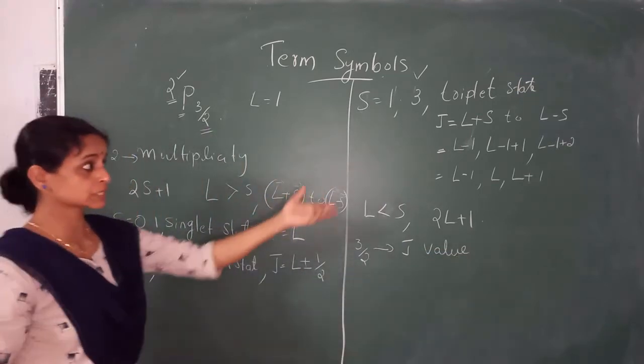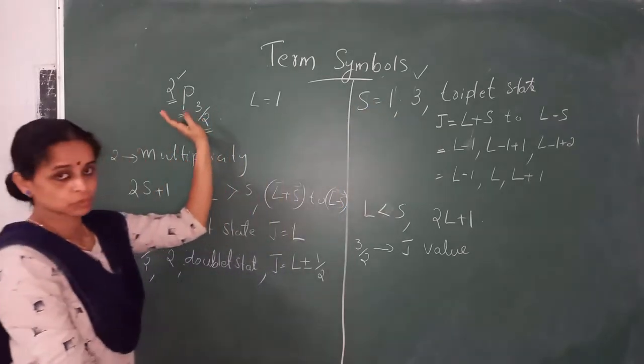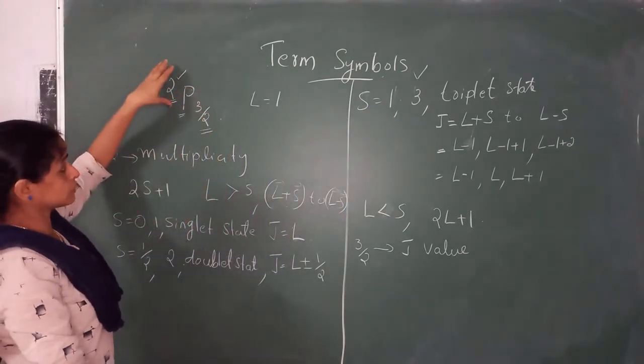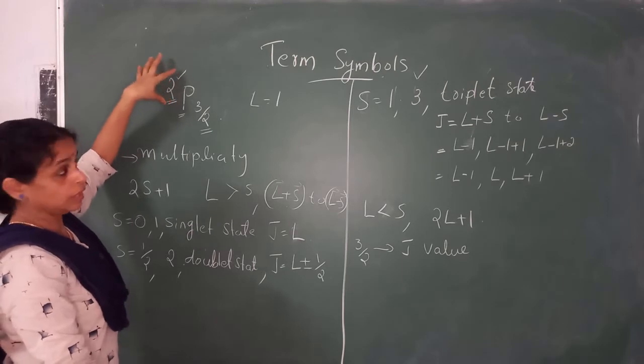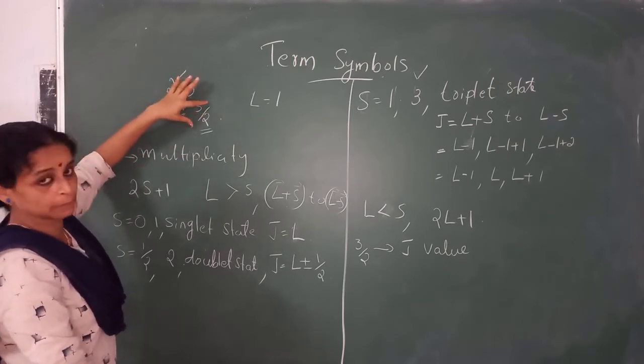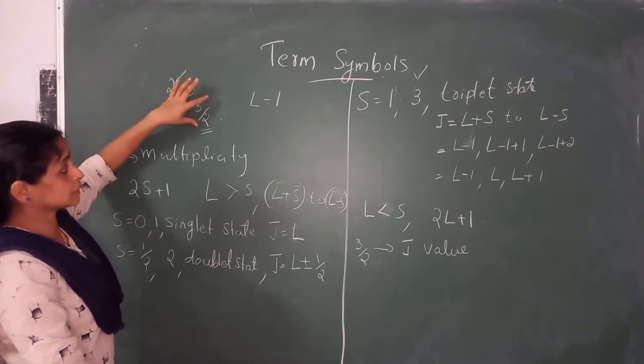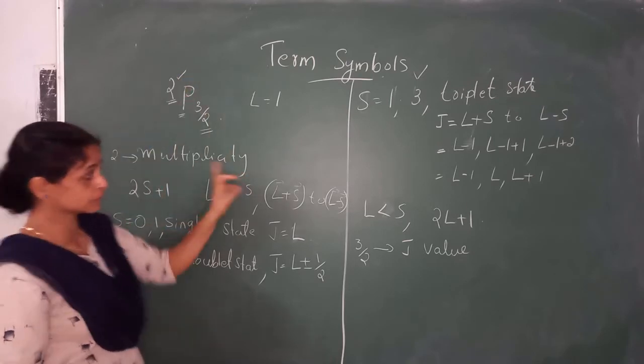So we have a large number of J values in accordance with the spin. This particular state can have 2 J values, and this particular state is for the J 3 by 2 value. So 2P3/2 means this is the P. You can see how it will come.